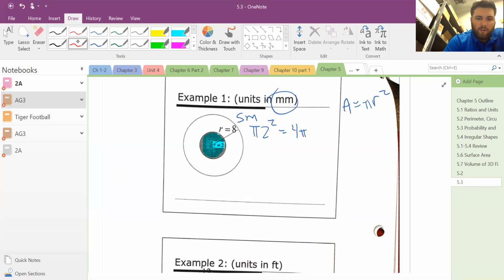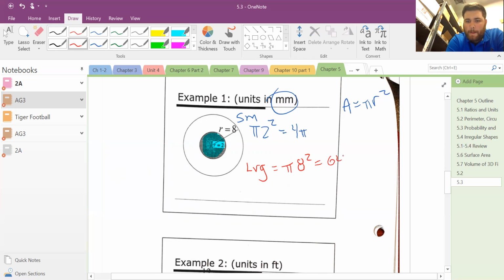Now my large circle. Let's say the radius of the larger circle is 8 units. That's pi times 8 squared, which is 64 pi.